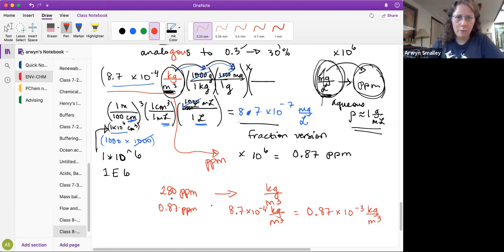And so if I want to go from parts per million to kilograms per meter cubed, then I can just go times 10 to the minus 3 and simplify it from there if I want to.